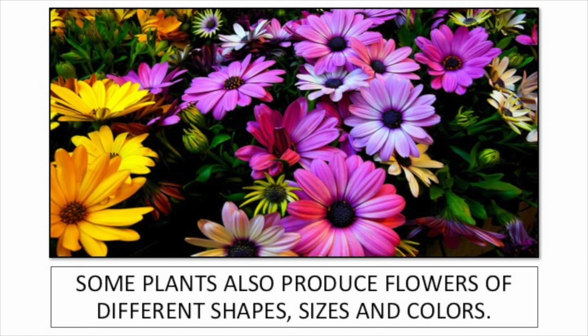Some plants also produce flowers of different shapes, sizes, and colours. Yes, and remembering today, we're looking at flowering plants. So all of the plants we've seen today have flowers.